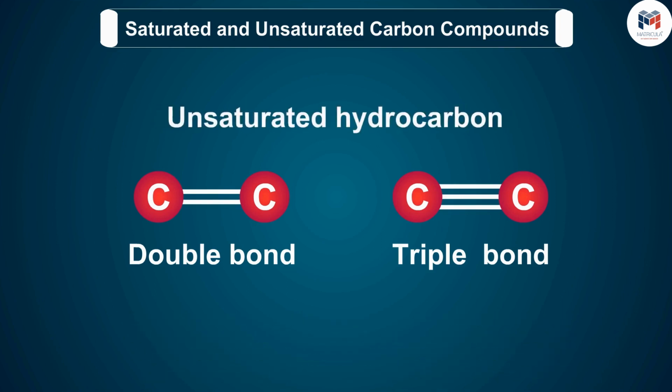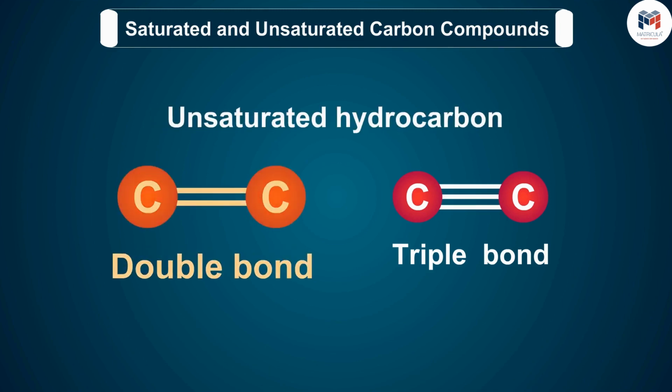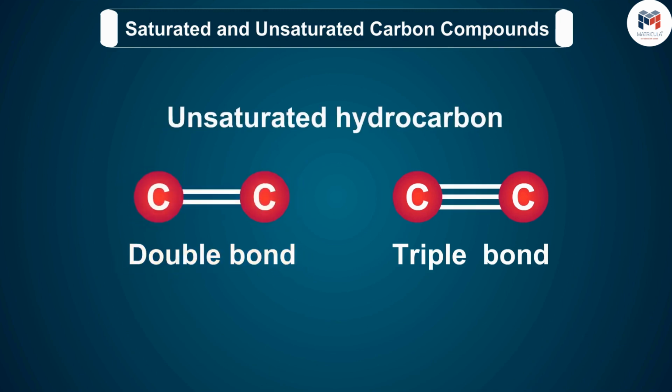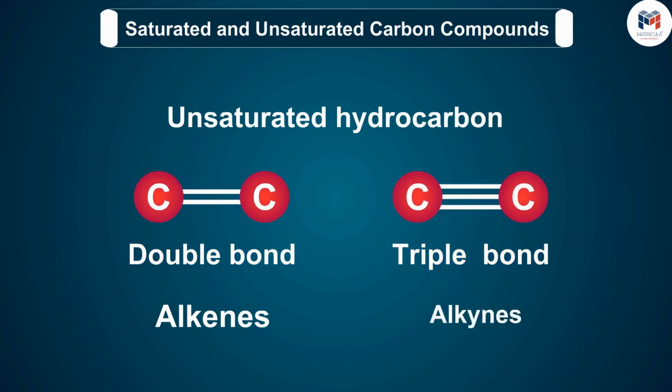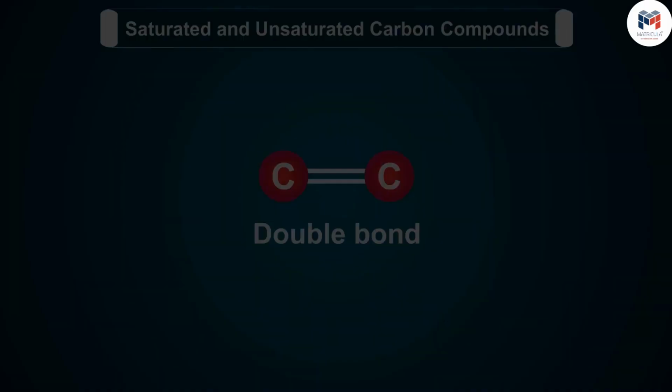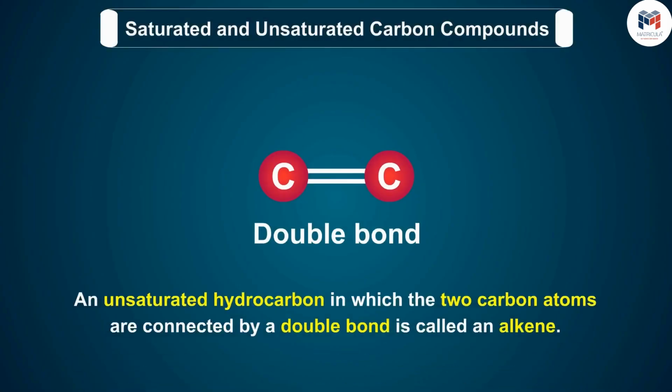Unsaturated hydrocarbons are of two types. 1. Double bonded hydrocarbons, also called alkenes. 2. Triple bonded hydrocarbons, also called alkynes. We will now discuss each in detail. An unsaturated hydrocarbon in which the two carbon atoms are connected by a double bond is called an alkene.